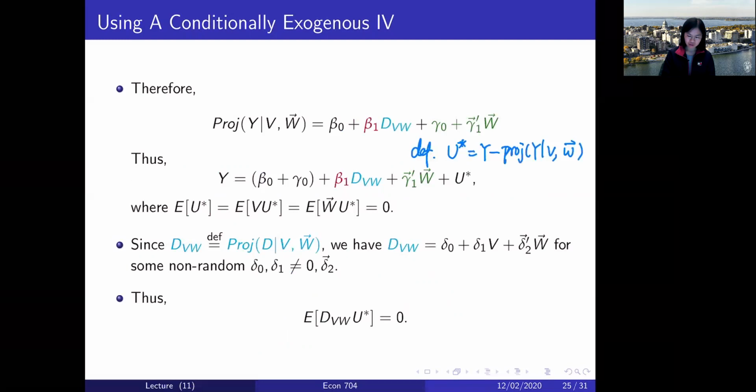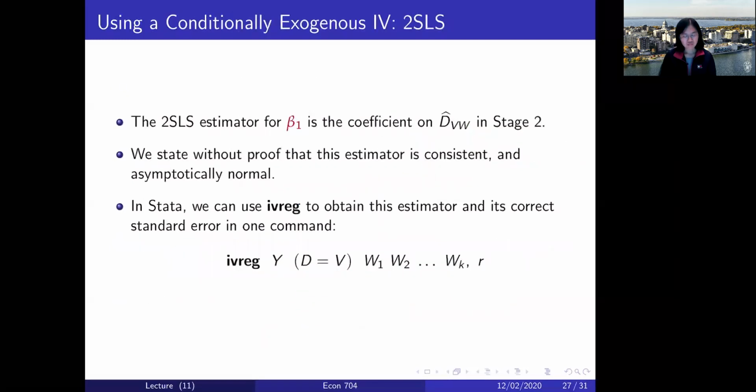So let me also correct all these d's. Okay, so that's how you use a conditionally exogenous instrumental variable.